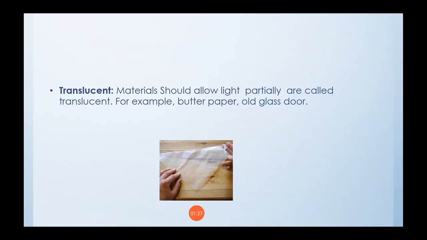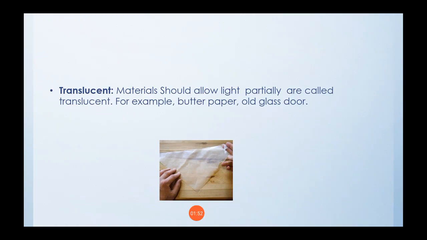We should not allow people to see what is inside our home, right? It's partially, it's a translucent material, so we do not allow all the light to pass inside our house, and it allows very partial light.